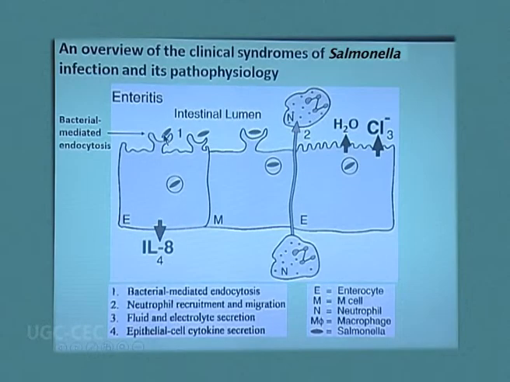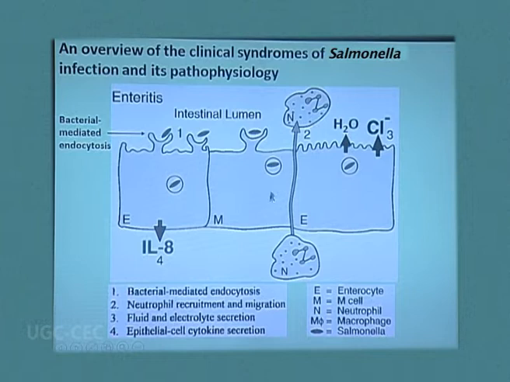Now, this is an overview of the gastroenteritis caused by the non-typhoidal Salmonella. You can see that the bacteria is being internalized by the membrane ruffling process, and when it enters the cell, it causes release of cytokines such as interleukin 8. This interleukin 8 then signals the recruitment of neutrophils. These neutrophils then traverse through the intestinal epithelial cells to the other side, that is the intestinal lumen.